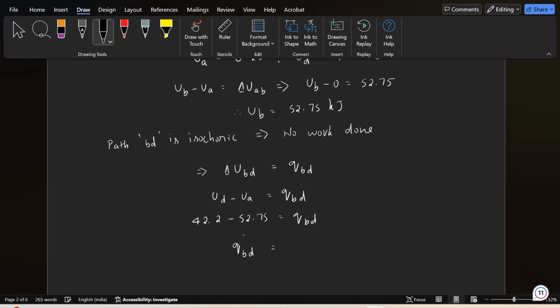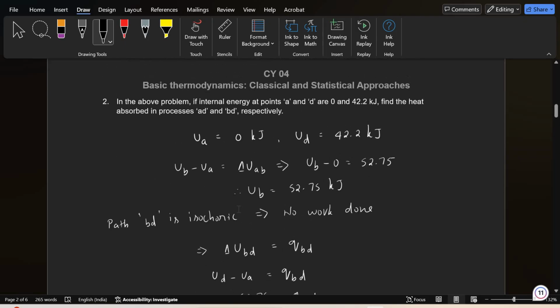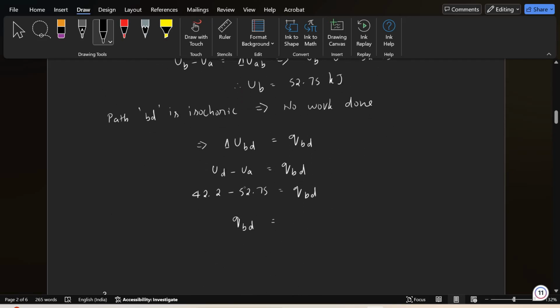When heat is absorbed, it's going to be negative. Let's see. Sorry, when heat is absorbed, it's going to be positive. I'll come to it.